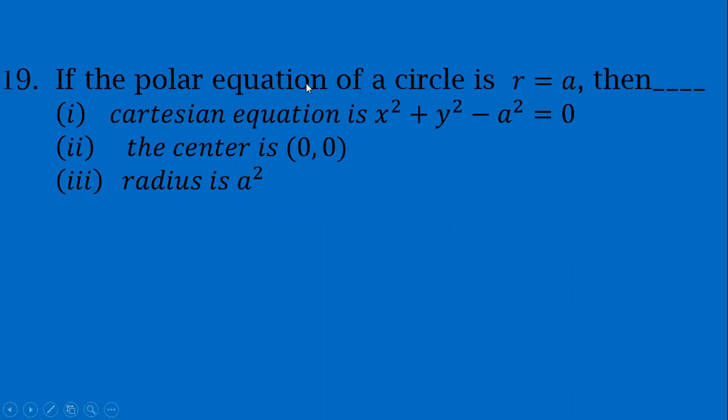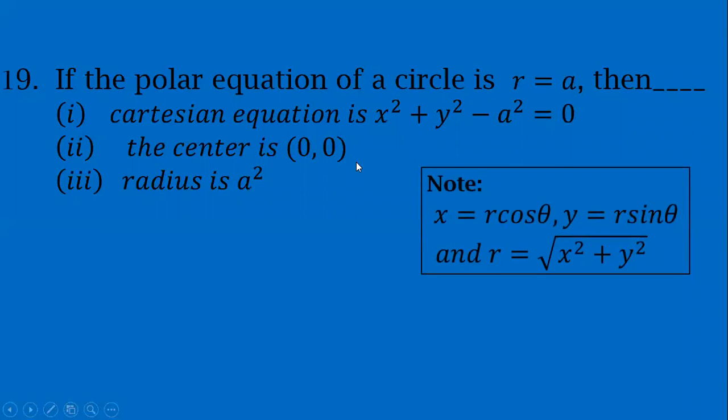If the polar equation of a circle is r = a, then again we have to verify three answers from this equation. Let us see what happens. r = a, or r is equal to the square root of x² + y², and after squaring it, we get x² + y² = a².